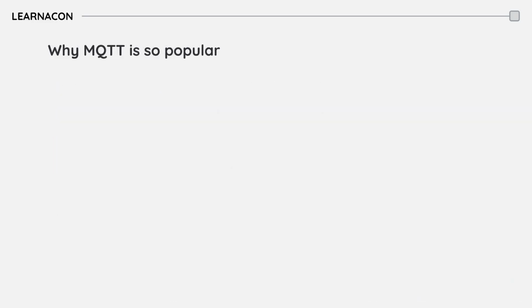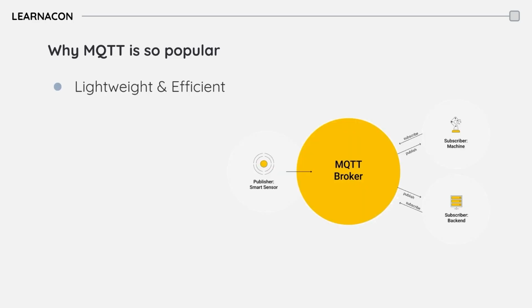So to sum it all up, why choose MQTT for your IoT solution? First, it's incredibly lightweight and efficient, consuming very little battery and bandwidth, perfect for constrained devices. Second, it's massively scalable, with a single broker capable of handling thousands or even millions of clients.